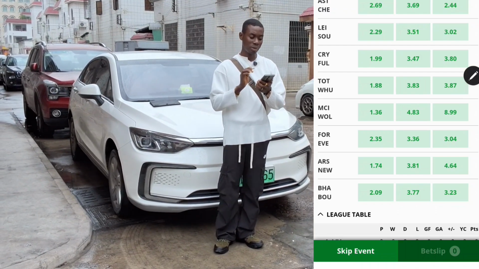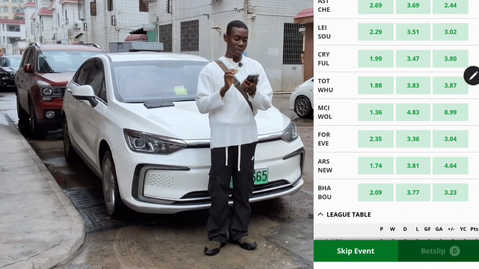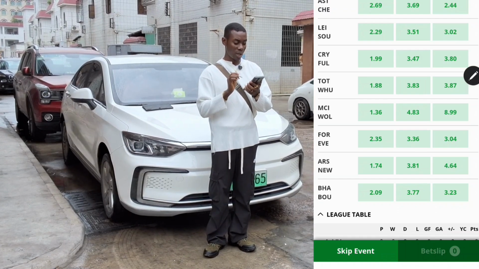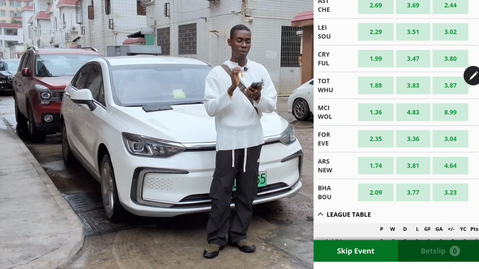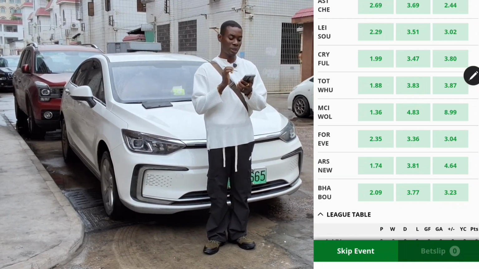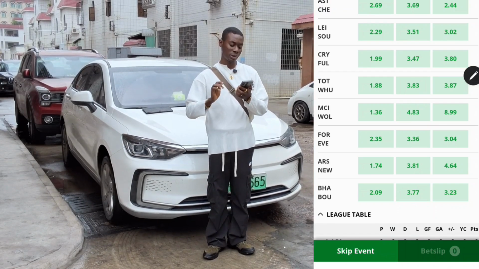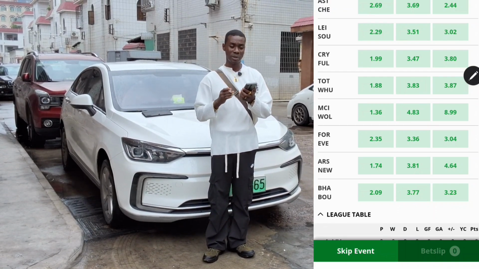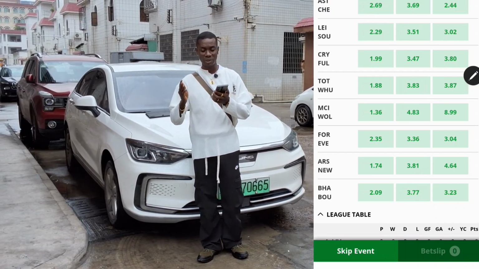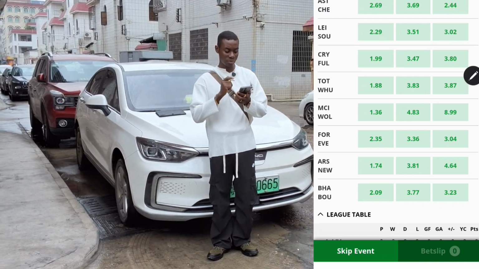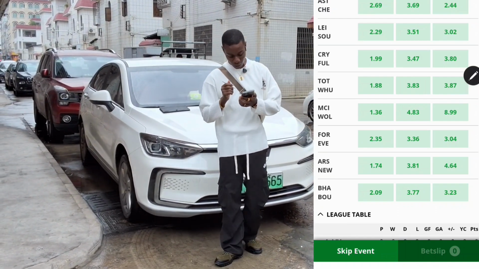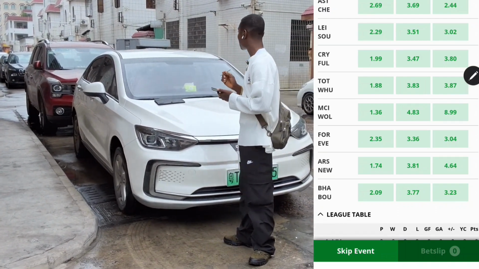Okay, now the conditions are this: when the home team is given an odd of between 1.50 to 7.0, and these teams I mentioned are playing from the away side, you trade on the home team to make a win. Okay, so it's actually a very simple concept.